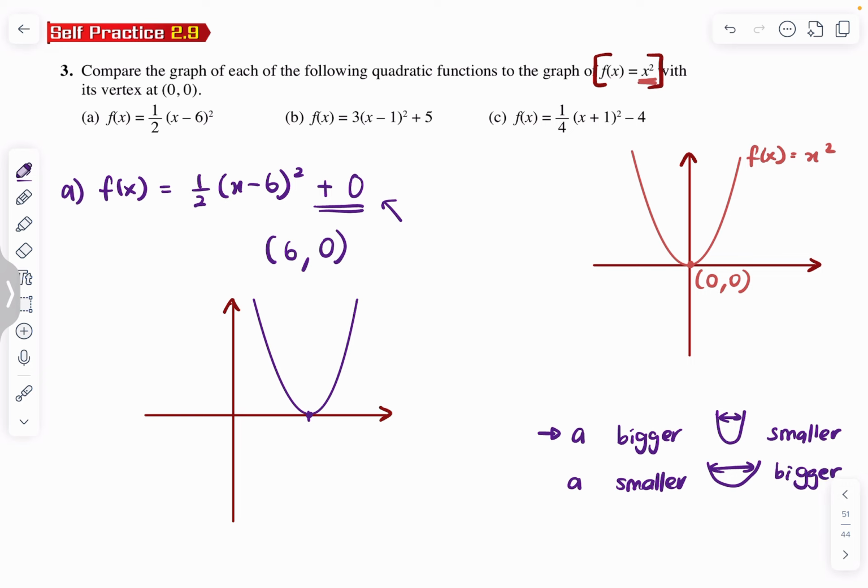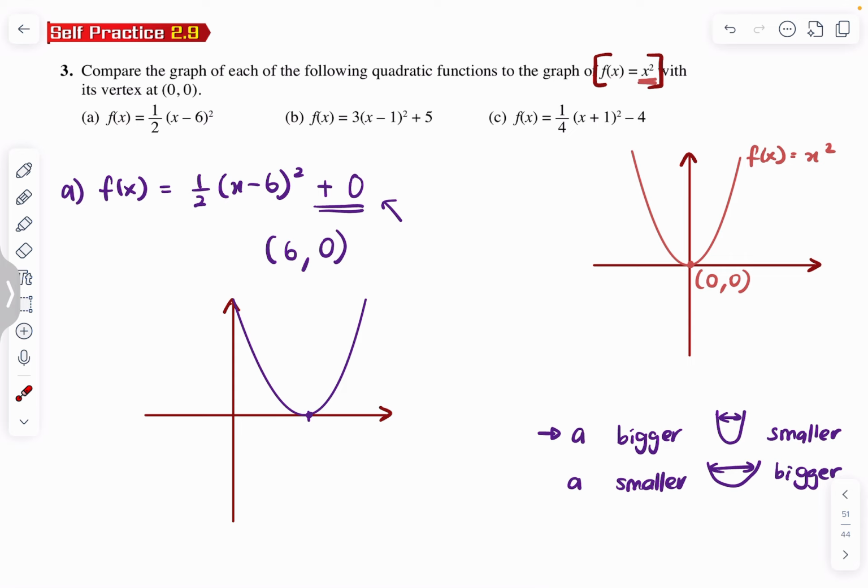So in this case, initially our A here is 1. This is 1x squared. Now it became 1 over 2. So it has become smaller. Therefore, the width of the graph must become bigger. Like that. Okay, the width will become bigger compared to when it was 1.